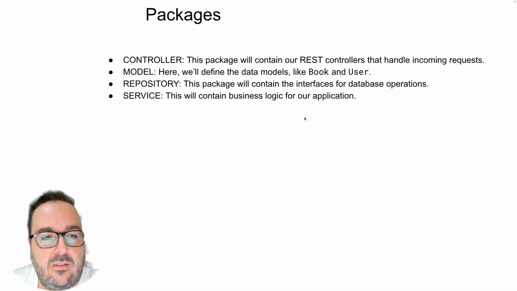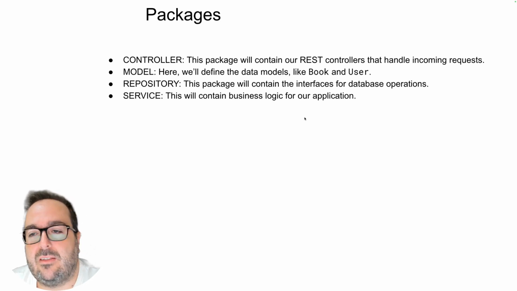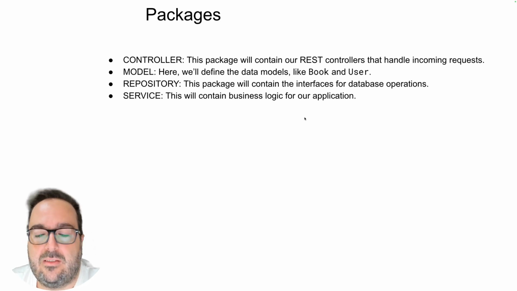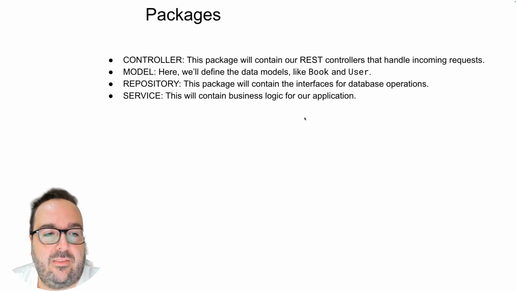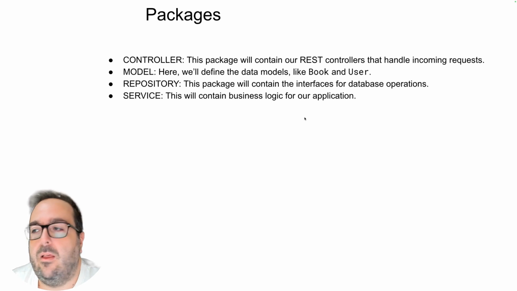Inside the model package, we will define the data models like book and user. The repository package will contain the interfaces for database operations, like inserting a new book in the table. And the service package will contain business logic for our application.